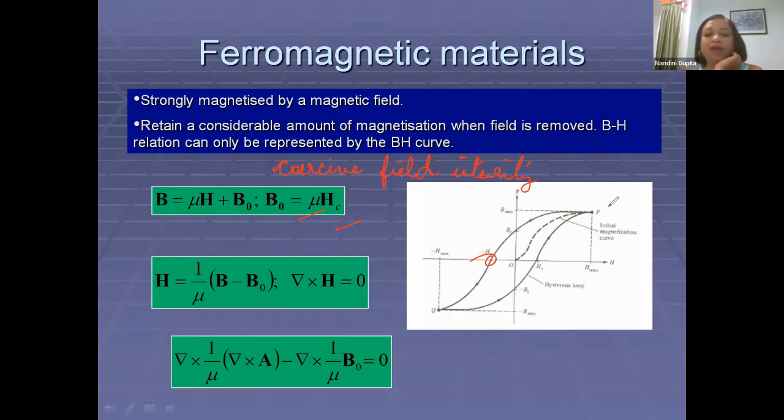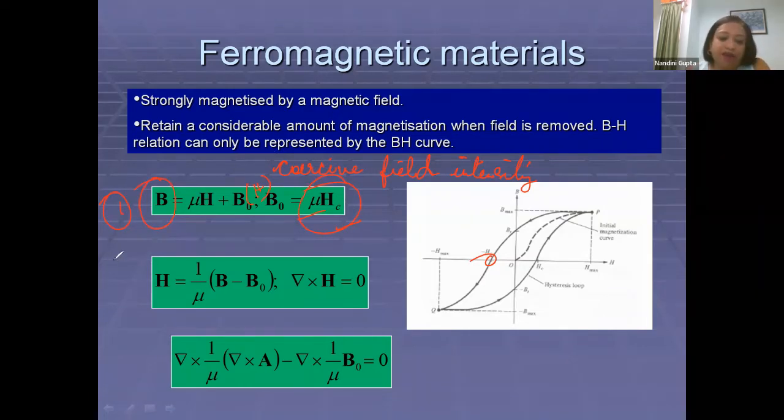So the first assumption is made here, and that is instead of considering this B naught to be a function of H, we add a constant quantity B naught to mu H to get the B at any H. In which case I can write H equal to 1 by mu times (B minus B naught).